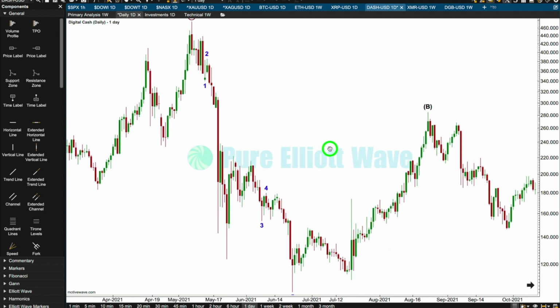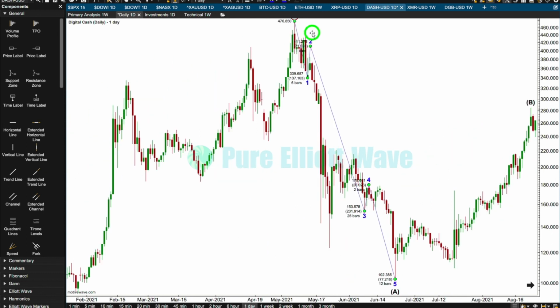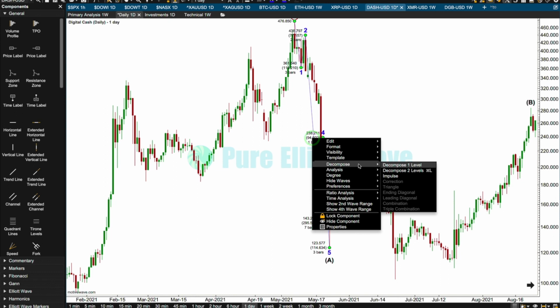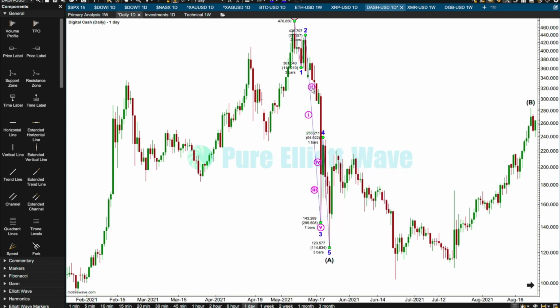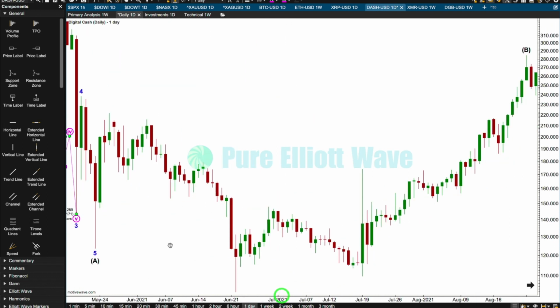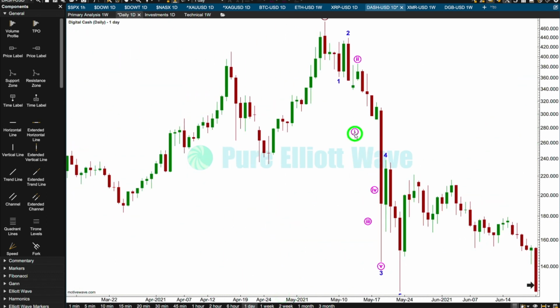Or, actually, I wonder if B was an expanded flat. Yeah, I think I want to put A here, with 3, 4, 5 here. That looks like a decent looking impulse, and I think 3 is a good looking impulse with an extended third wave. Let's expand this out, that's a bit crushed.